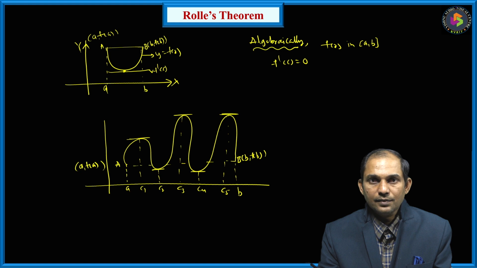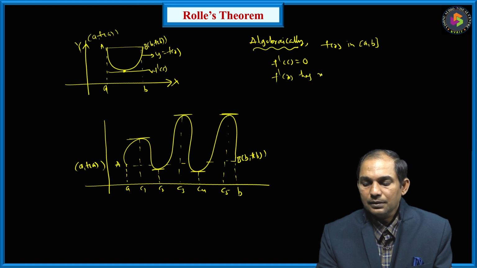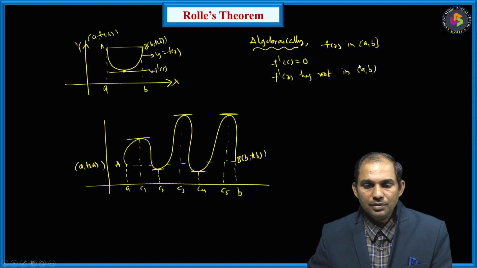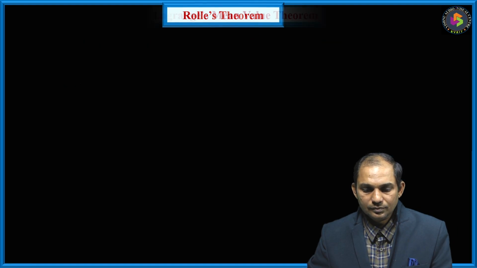That means f dash of x has a root in the interval a comma b. Now let us see the statement of Lagrange's mean value theorem.